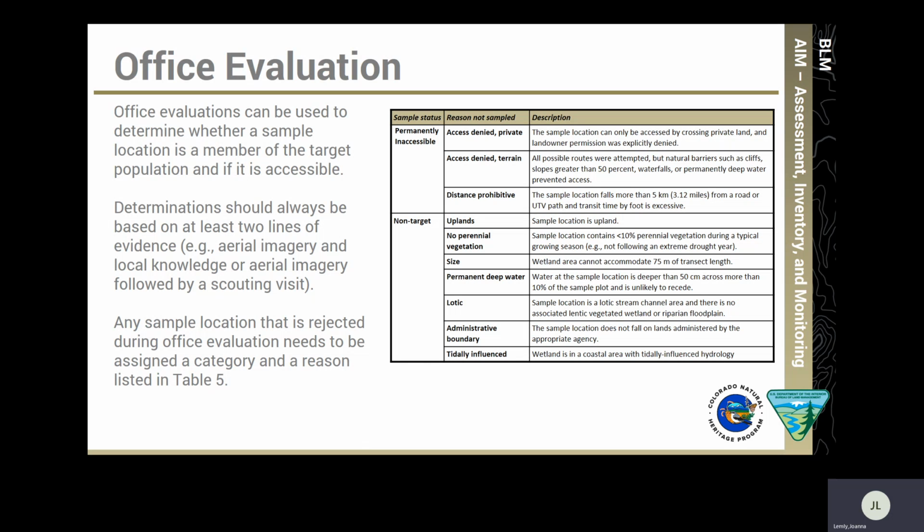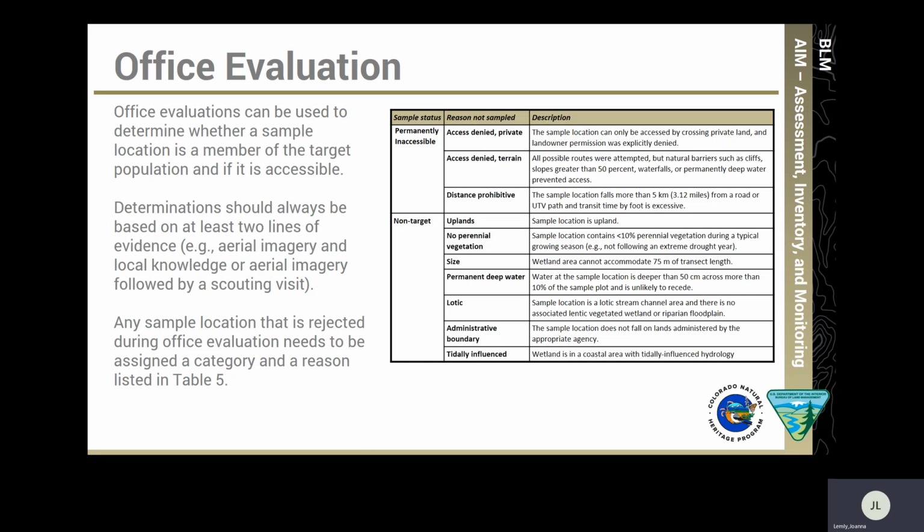Reasons that a site would be considered permanently inaccessible include that access was denied to private land that would need to be crossed to reach the sample location on BLM land, that terrain such as cliffs, steep slopes, waterfalls, or permanently deep water prevent access to the sample location, or third, that the distance to reach the sample location from a road or UTV path is greater than 5 kilometers.